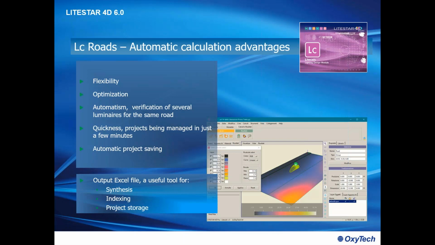Or if you want to find out the best luminaire in a group of luminaires, you can input all the photometries in the photometry folder, and automatically the program will analyze the configuration you gave with all the luminaires, and this will be done in a very short time. It's clear that in this way it is possible to use the program as an optimizer. So the program helps you to find the best solution.